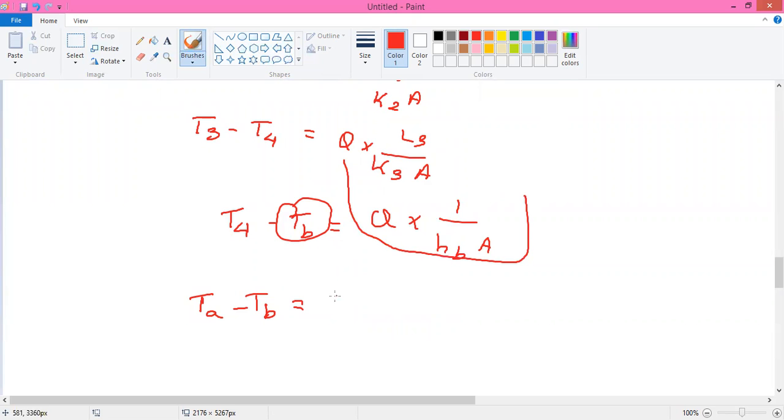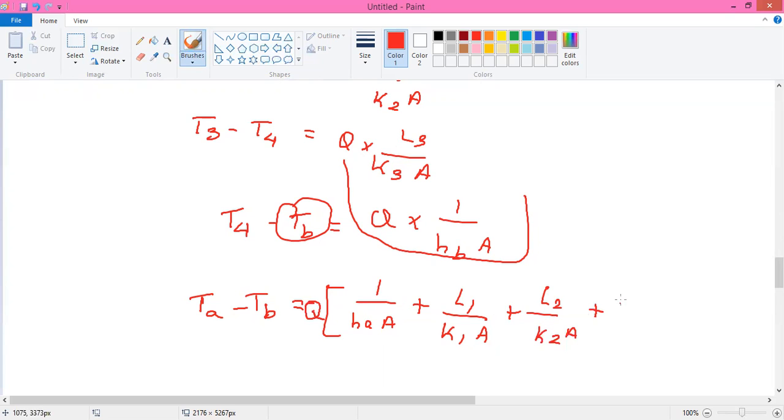What we'll get is 1 by hA A plus L1 by K1A, and Q value is taken as common. Then plus L2 divided by K2A plus L3 divided by K3A, and finally plus 1 by hB A.